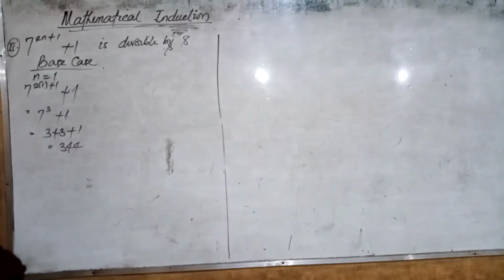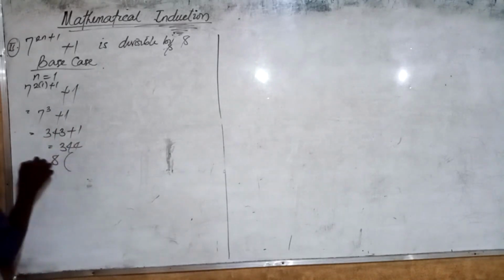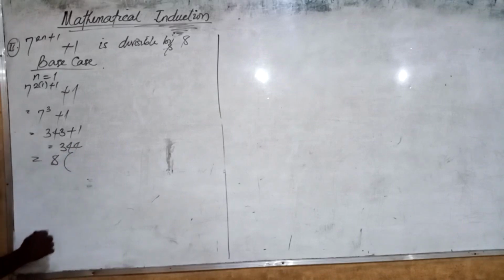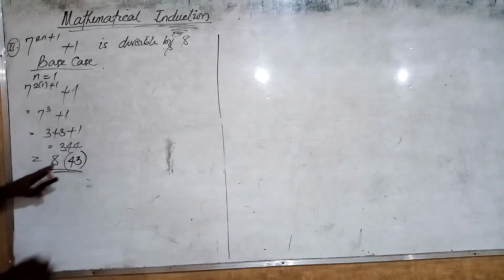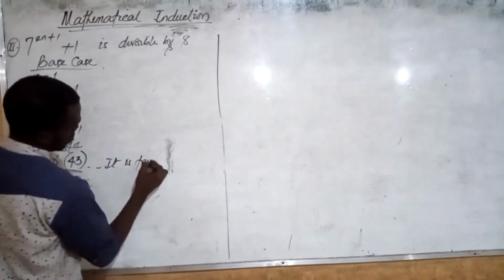Let's see, is this divisible by 8? Let's try to factor out 8 here. If we factor out 8, we have 8 times 43. Since we can factor this out, we'll say that it is true.